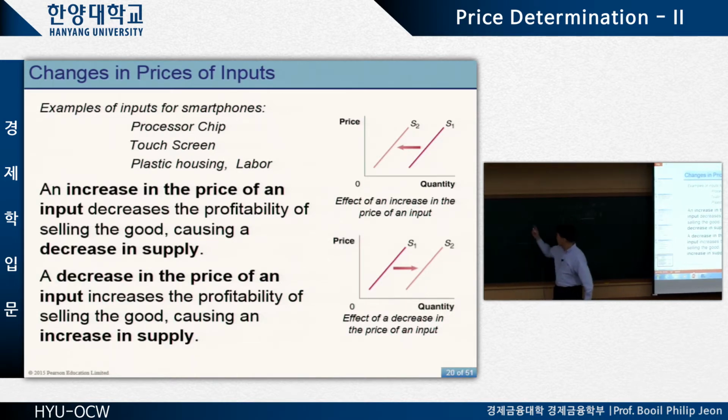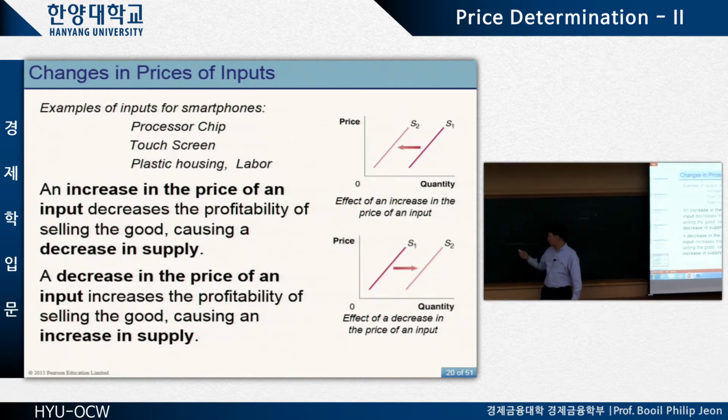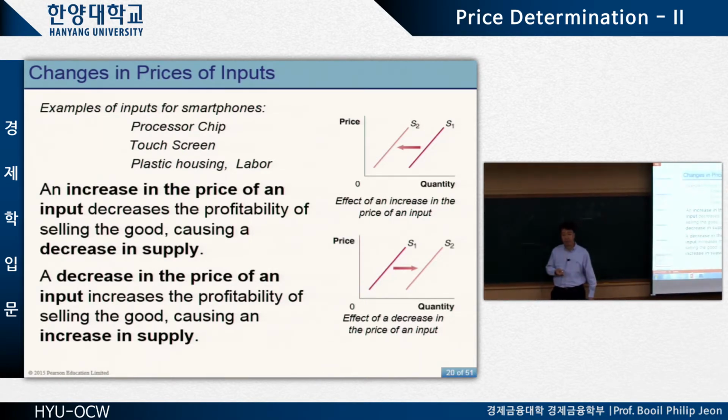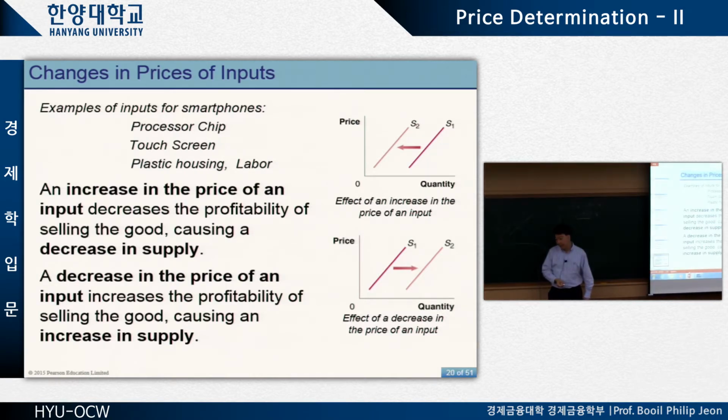But it's not the movement along the curve. We're not moving from this point to this point, right? Because we are assuming the smartphone price is still the same. So we are moving from one point to this point, from A to B, so that's off the curve, right?